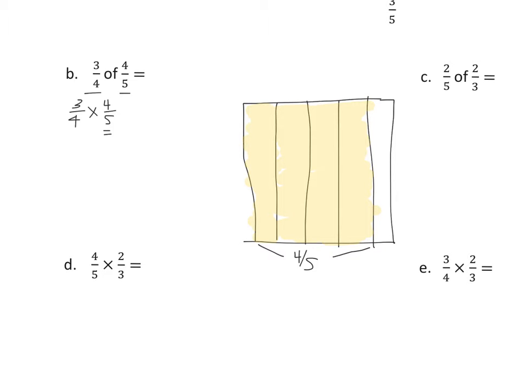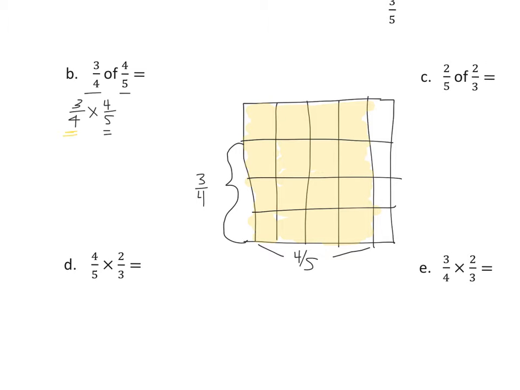Now we want to share 3/4 of what we just shaded. So we're going to draw 3 horizontal lines going across to give us fourths horizontally, and the bottom row, the one above it, and the third one, that's technically 3/4.